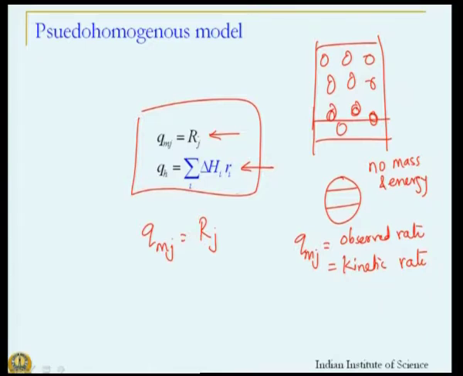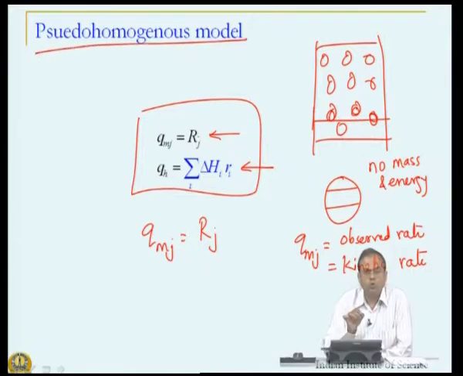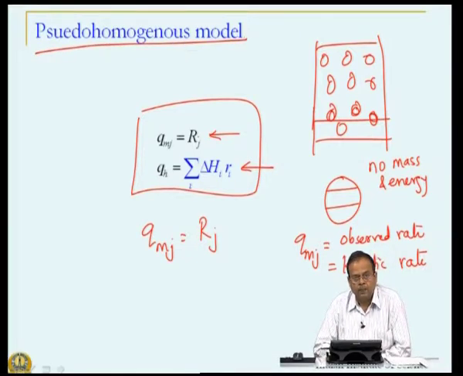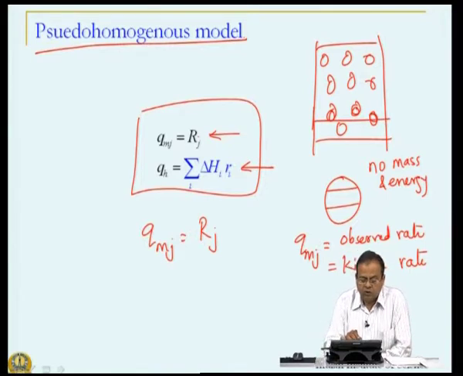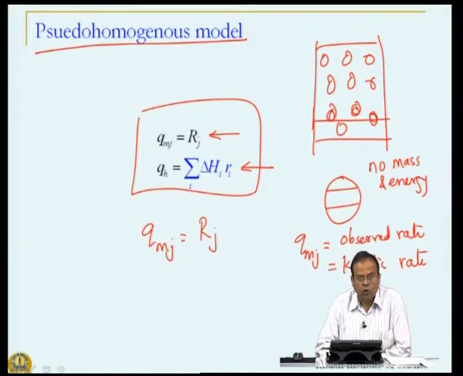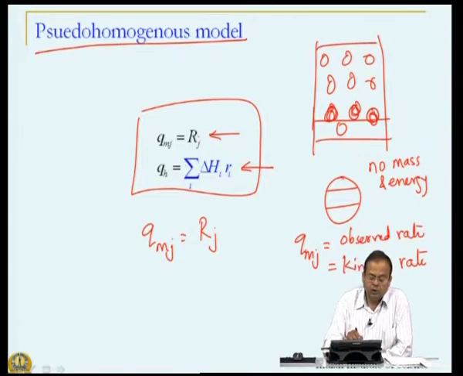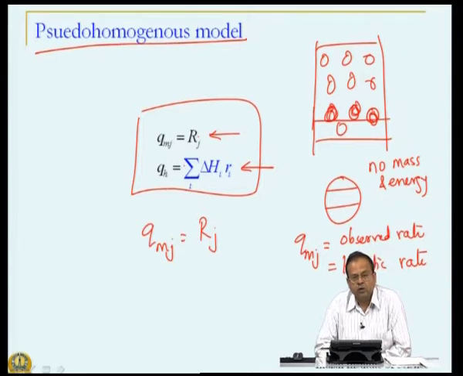Hence, this assumption or this kind of modeling approach is referred to as the pseudo homogeneous model. Homogeneous because the kinetic terms are same as the homogeneous model, but pseudo because this is not a truly homogeneous system. We know that there is a heterogeneous system, but our assumption is that there are no mass and energy transport limitations, and therefore, we completely overlook this aspect of transport limitation and get a pseudo homogeneous model.